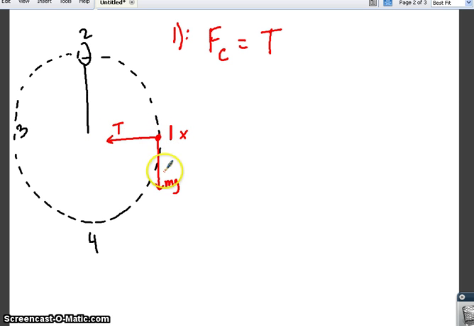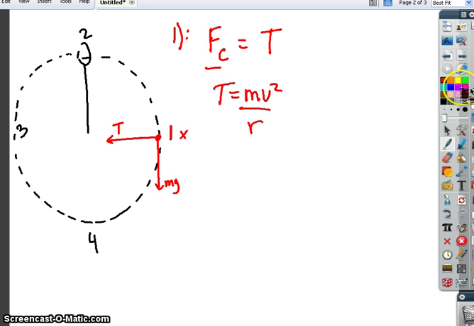Gravity is going down. Gravity does not contribute to centripetal force at all. It's contributing as a force. It's there. But as far as we're concerned with centripetal force, tension is the only one. So if we had to calculate the tension at this point, tension and centripetal force, tension would equal mv squared over r. Done.